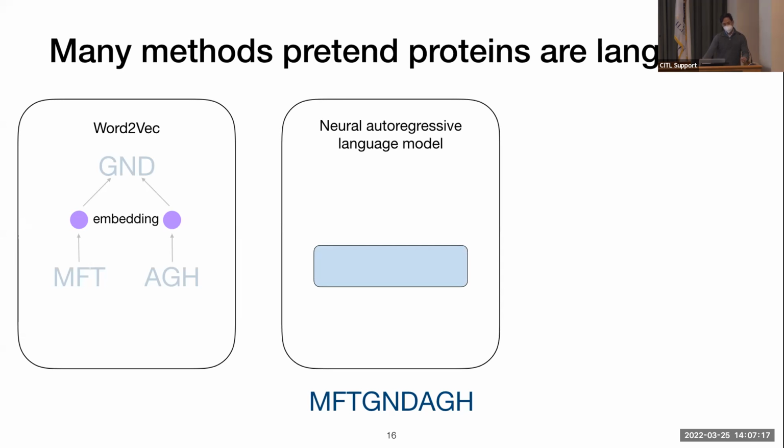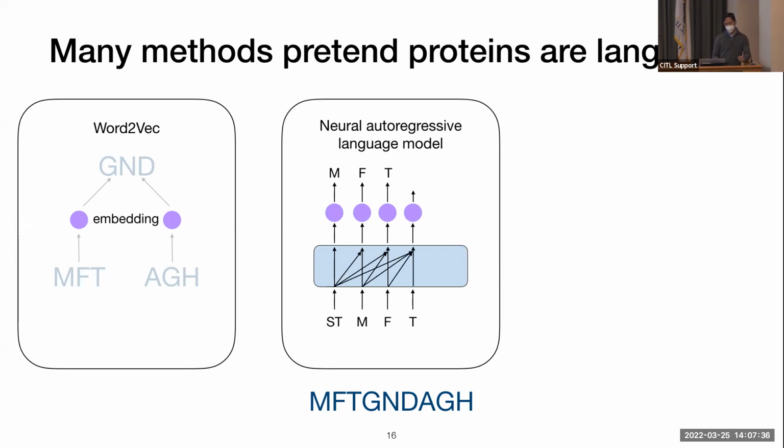Then people came along and said, well, we can also factorize these sequences and go through all of UniRef or something and, given a sequence, predict the next amino acid given the previous ones. We call that an autoregressive language model. You can do that with a neural net. And you can use this for generation or for pre-training.